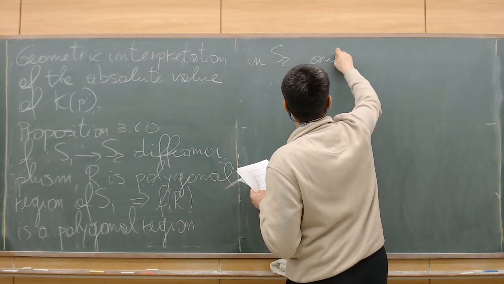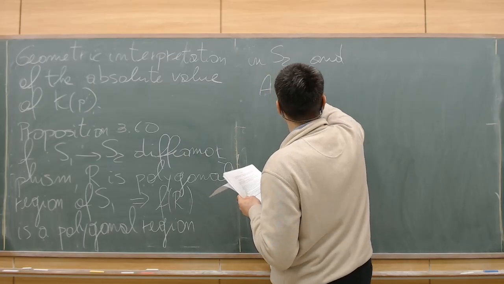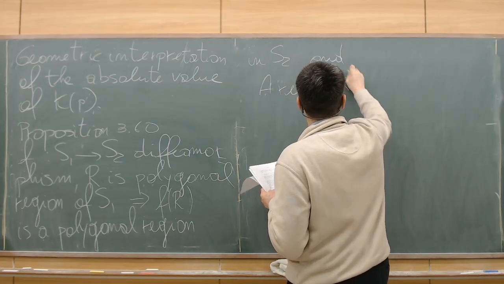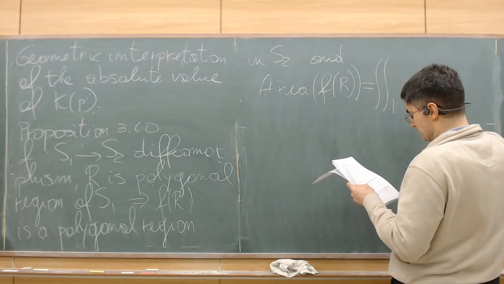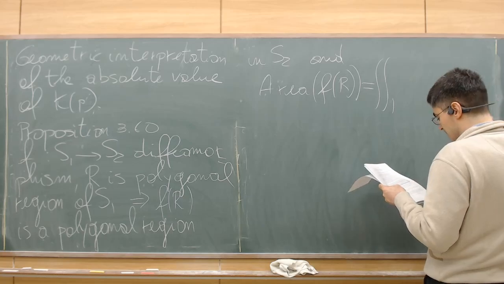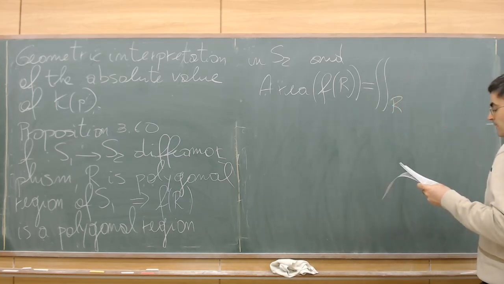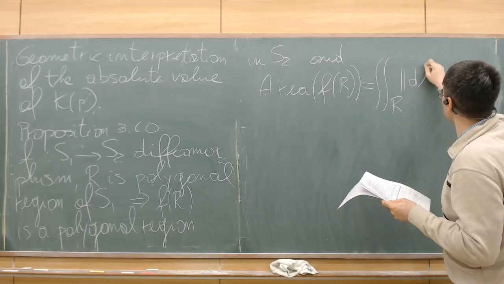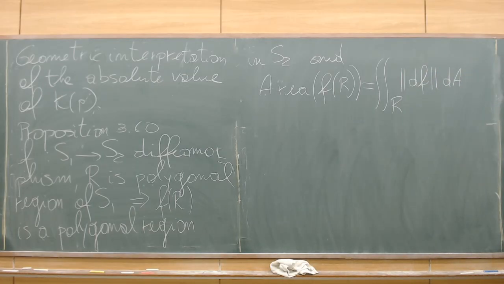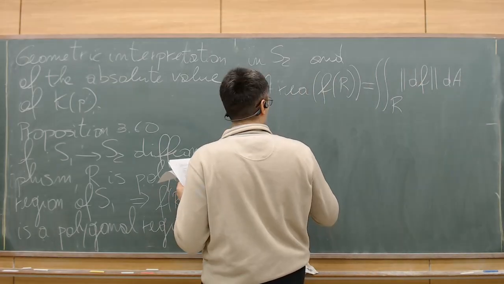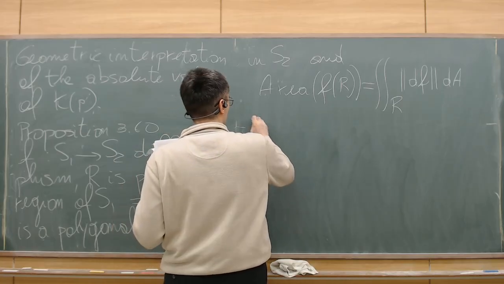and the area of f of R is the double integral over R of the area distortion of df dA. Okay, from this formula we got the following.